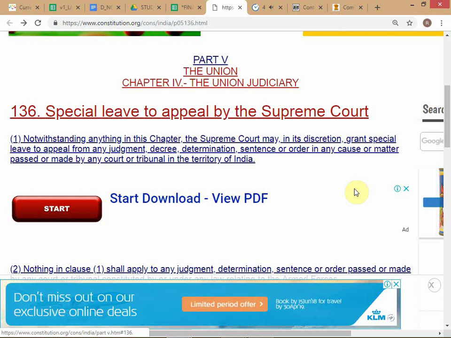And then if your advocate petitions and the High Court still refuses to grant you leave, you do have the fallback of 136. You can come to the Supreme Court and file an appeal by special leave through an SLP, the special leave petition, and then the Supreme Court will consider your petition and decide whether it's going to grant you the leave to appeal. You followed the structure now?